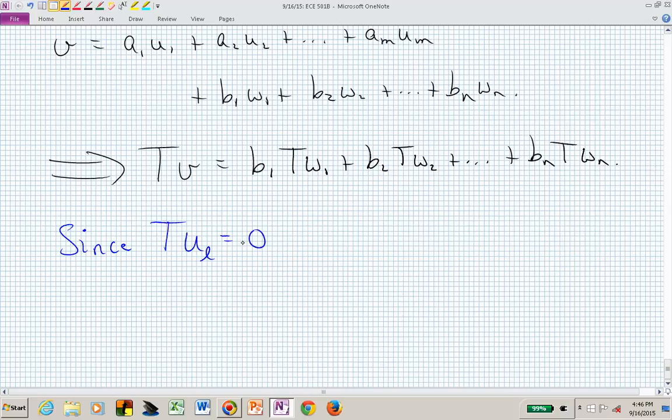Maybe tomorrow you might. I'm going to write it down so we remind ourselves. Since each of those U's were in the null space of that linear map for all L in our set of indices on U.